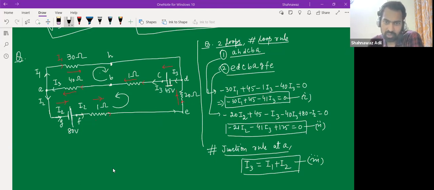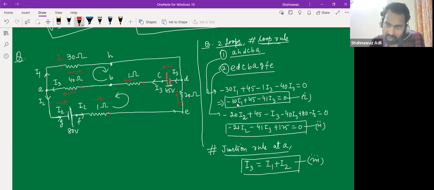Aisha, you have a question: after applying the rule, where do this 125 and 45 come from? In the junction rule we don't have 125. In the loop rule we have 125 and 45. You see this is a voltage, a cell of 45 volt.